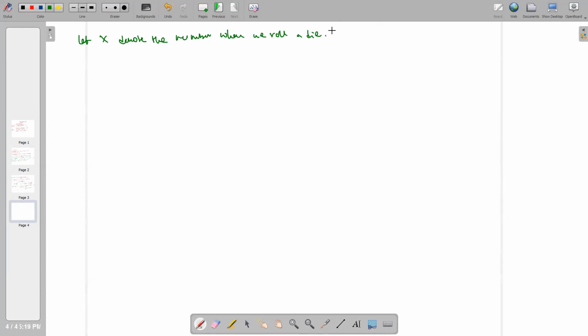So the expected number that should show up on a roll of a die, what should that be?